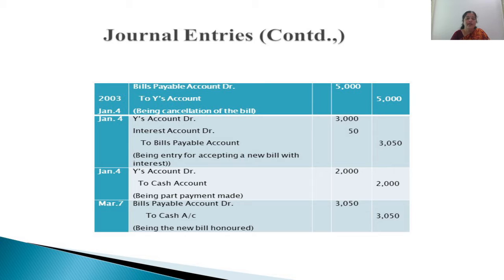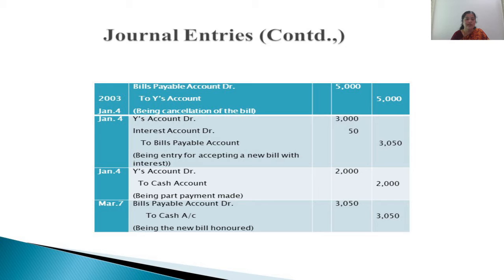What we did is we made a default in honoring the bill on which we had given acceptance to Y. So Y continues to be our creditor for 5,000. Earlier also he was our creditor, but he now continues to be our creditor for 5,000.